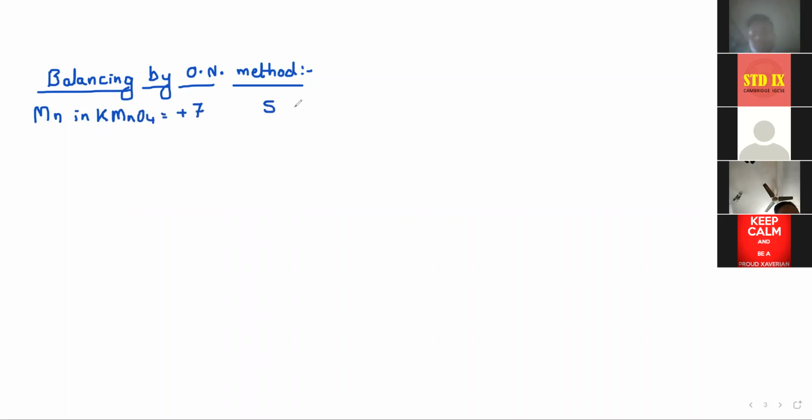The oxidation number of S in H2SO4 is plus 6. These are the traditional values which are always there. So if I am writing an equation C plus HNO3 that gives you H2O plus NO2 plus CO2.